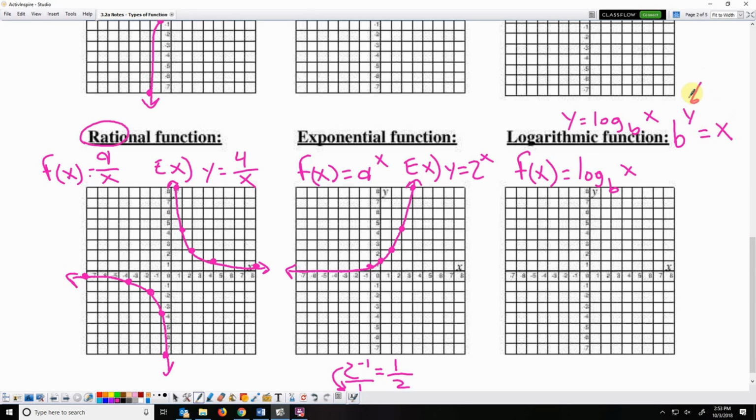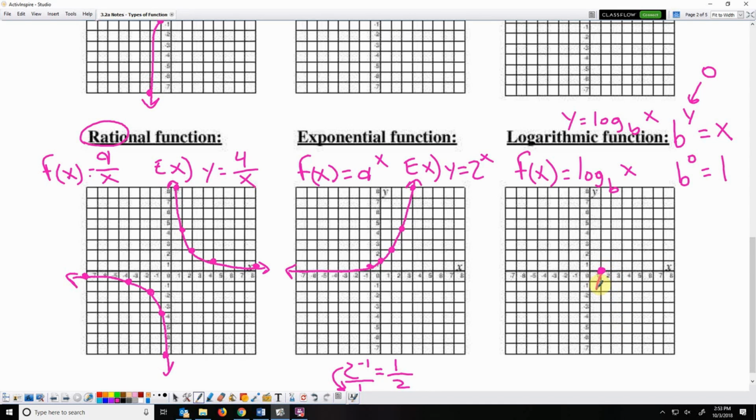If I put in a 0, any b to the 0 power is always 1. Anything to the 0 power is 1. So if y is 0, x is always 1. So that point right there, (1, 0), is definitely going to be on this graph.